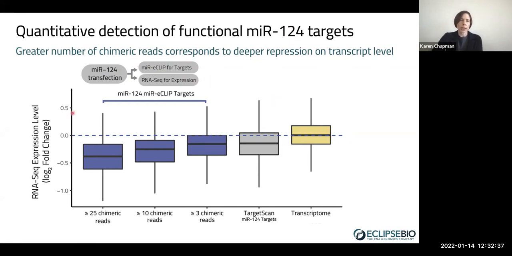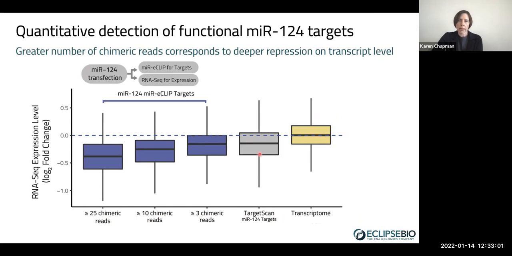So over here, this is showing the gene expression level. And down here, what we're looking at is different numbers of chimeric reads mapping to particular transcripts. But first, let me walk you through this. Transcriptome-wide, most of the genes are not changing with respect to gene expression following this transfection.